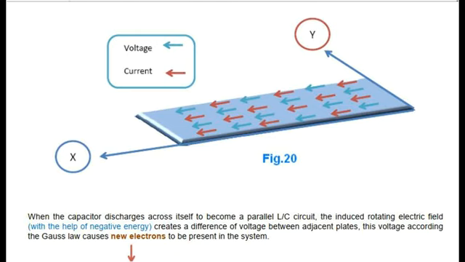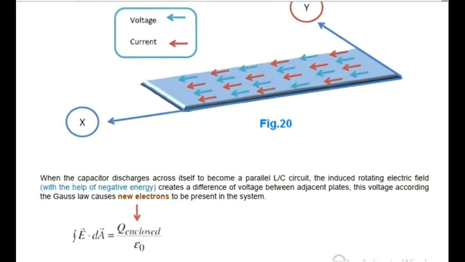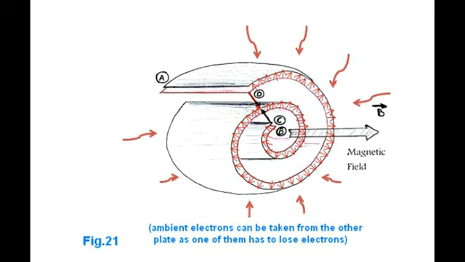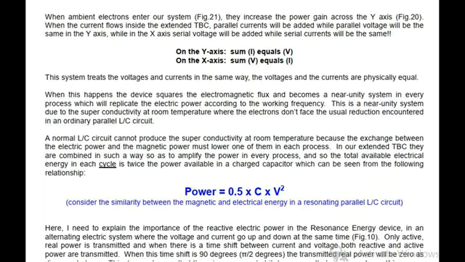This voltage, according to the Gauss law, causes new electrons to be present in the system. Magnetic field. Fig 21: ambient electrons can be taken from the other plate, as one of them has to lose electrons.